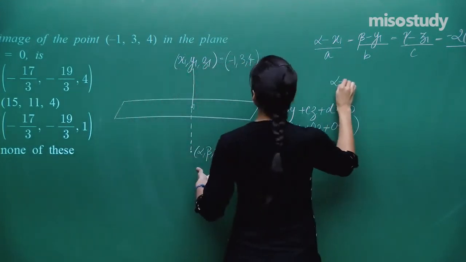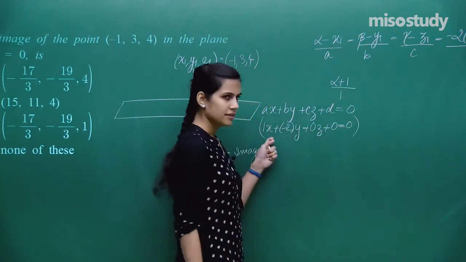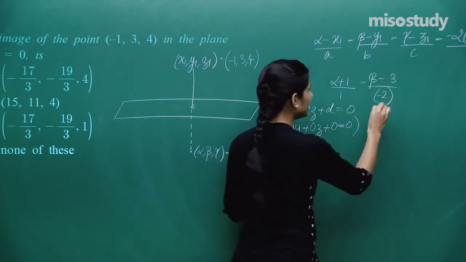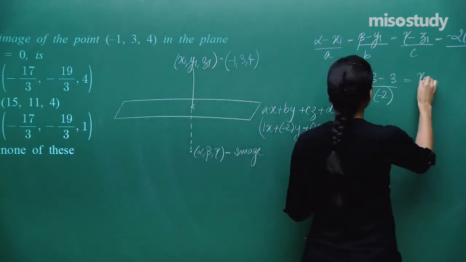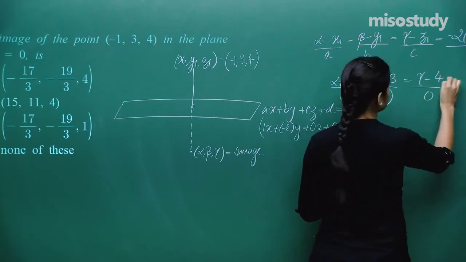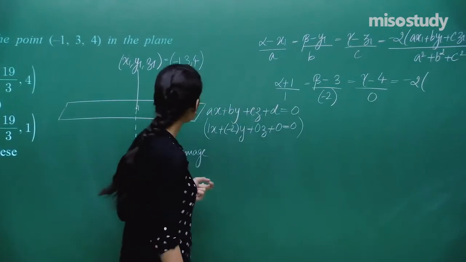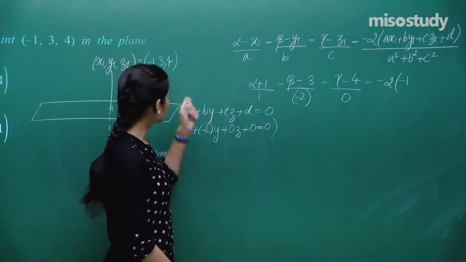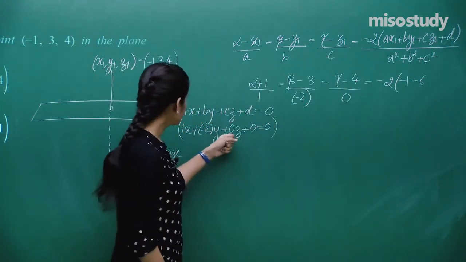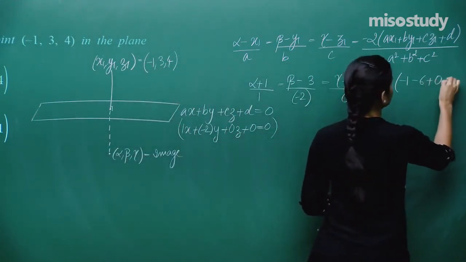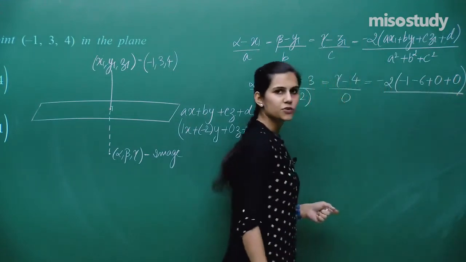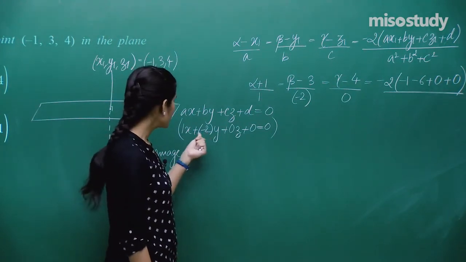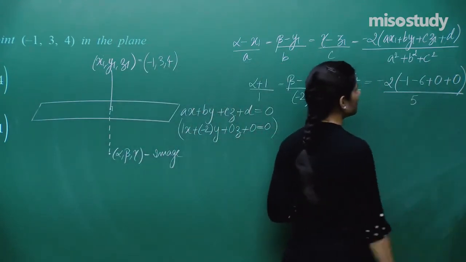It will be alpha minus x1 upon a equals beta minus y1 upon b equals gamma minus z1 upon c equals minus 2 times a into x1, 1 into minus 1 plus b into y1, so minus 6, plus c into z1 plus d, that is already 0, whole upon a square plus b square plus c square, 1 square plus 2 square, that is 5, right? 2 square is 4 plus 1 square, that is 5, so upon 5.